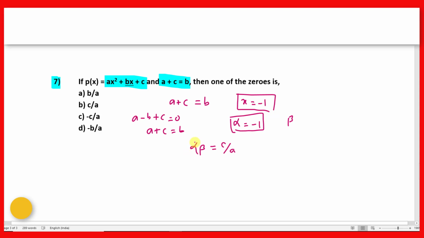But alpha is minus 1. So it will be minus 1 into beta is equal to c upon a. And so beta will be equal to minus c upon a. So the other root will be minus c upon a, and so the correct option is C, minus c upon a.